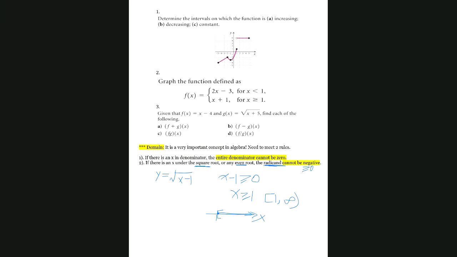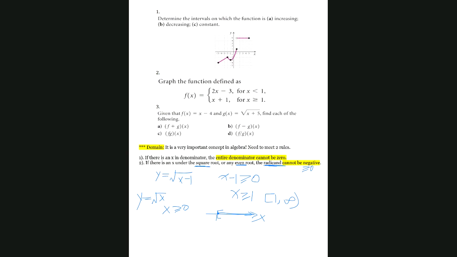When you have anything under the square root, it has to be greater than or equal to 0. Some people ask, what if y is only the square root of x? Well, then the radicand is just x, so x is greater than or equal to 0. It's easy.